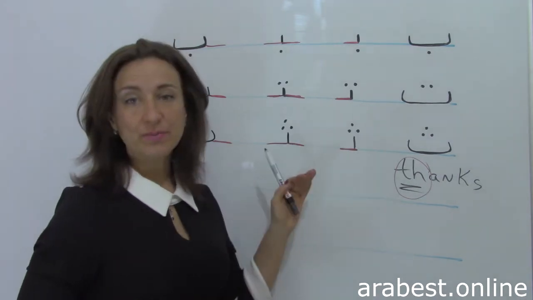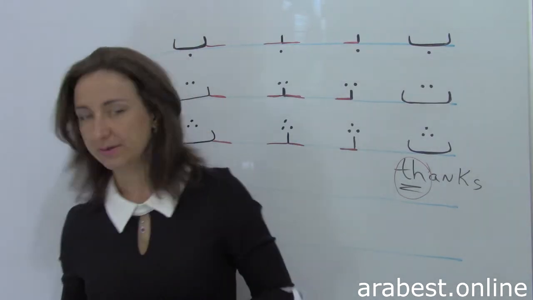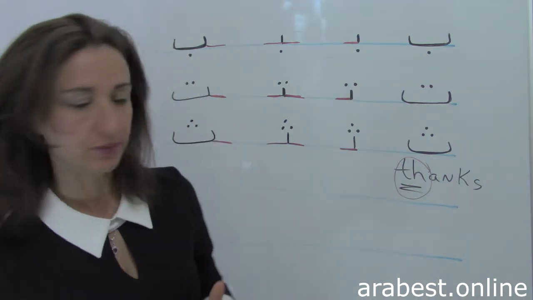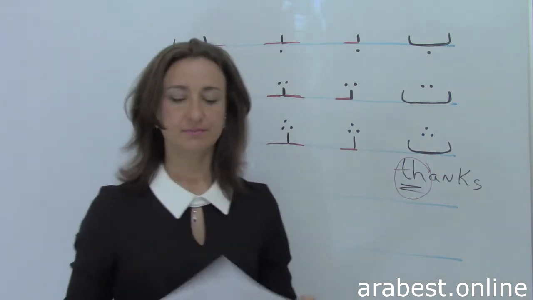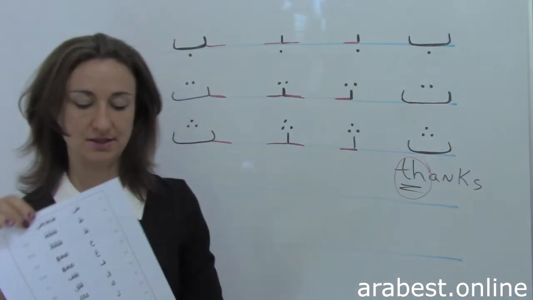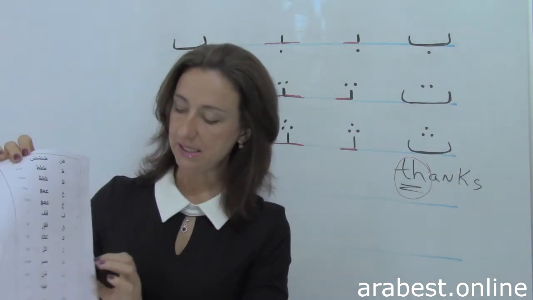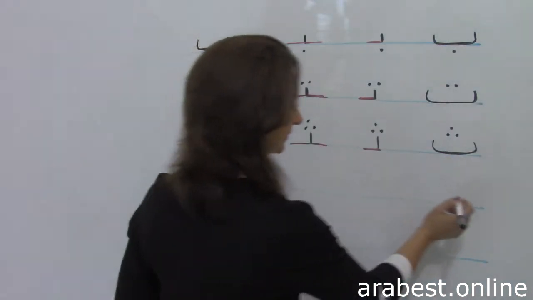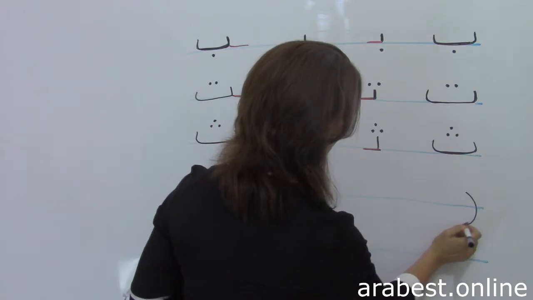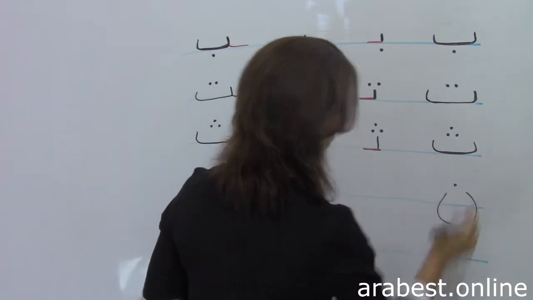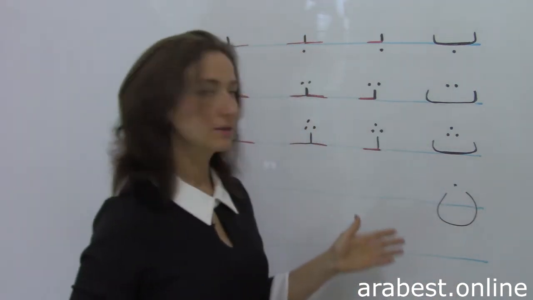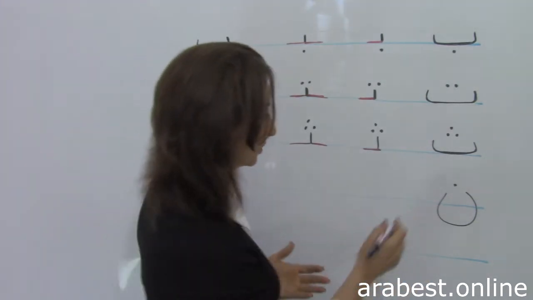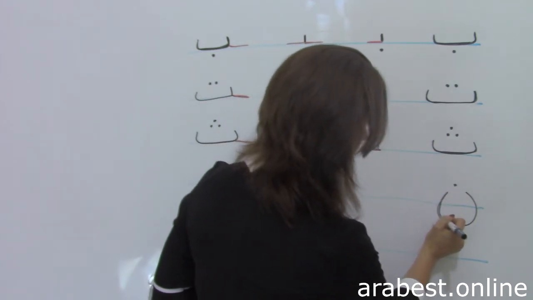But our group is not finished like that. We will add two more letters to this group. Look at the appendix. Please find letter number 25, letter nun. You will ask me, what is this letter doing here?